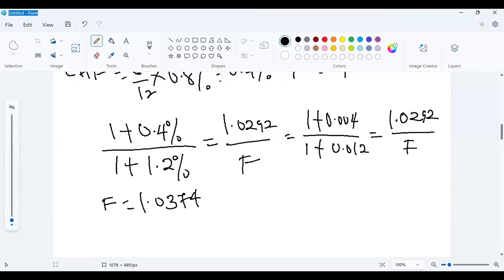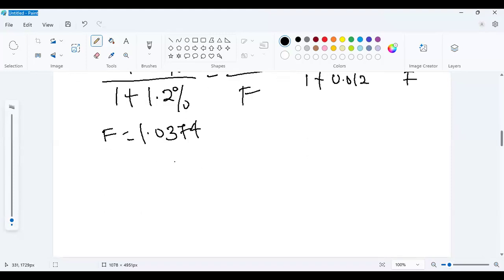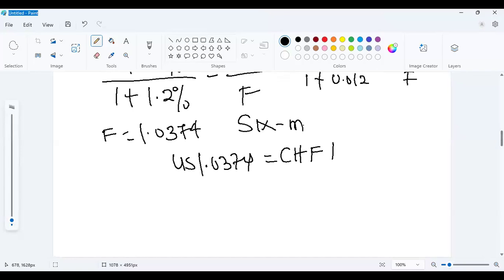This is the 6-month forward rate, that means the forward rate 6 months from now between the United States dollar and the CHF will be 1.0374 dollars to 1 CHF in 6 months' time.